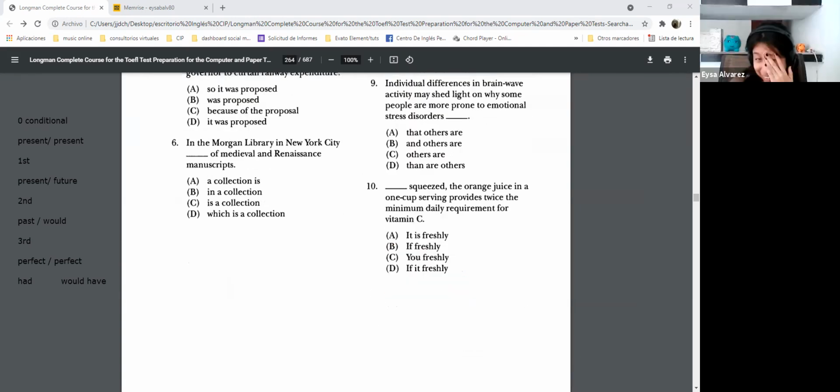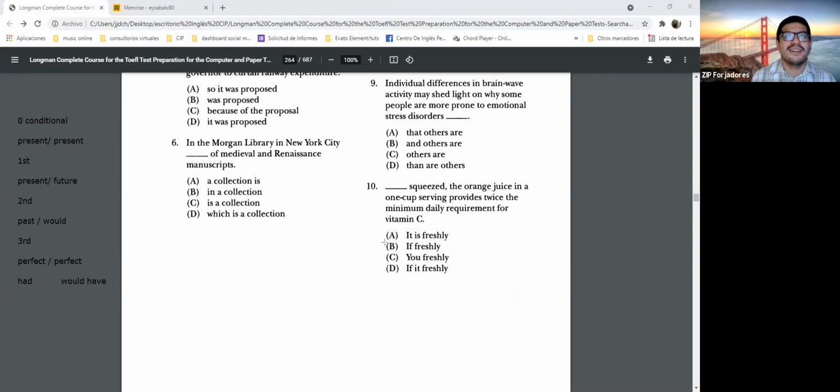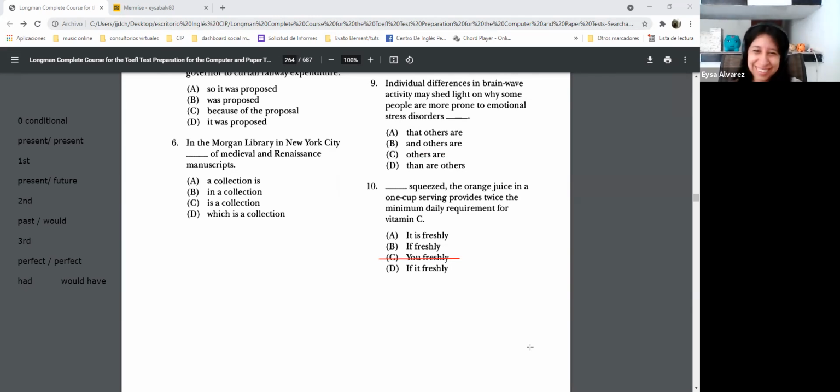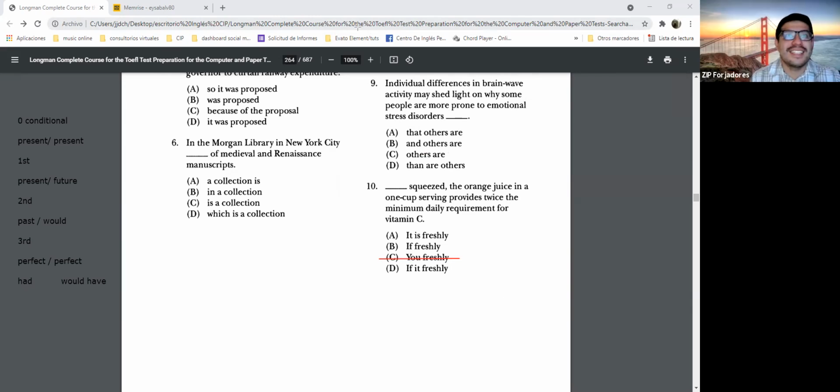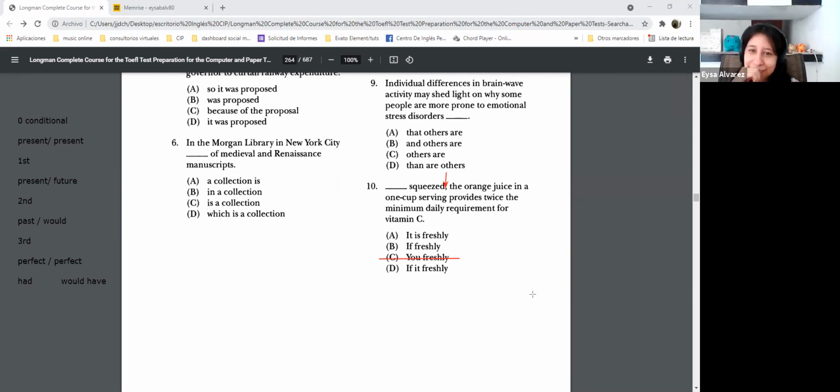I said letter C. You said that it was letter C, but it's not correct. So let's see. What do you see in the sentence? You see a comma. The orange juice, and the action is provides.